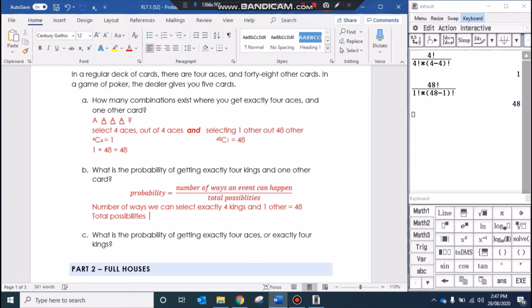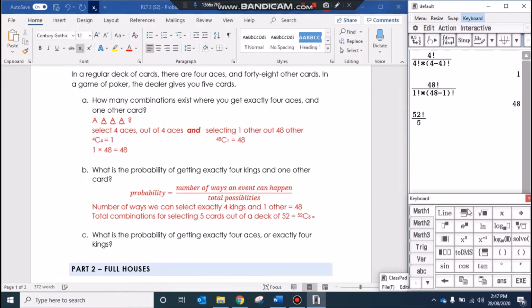So the total possibilities, or total combinations, for selecting 5 cards out of a deck of 52. So if we're selecting 5 items out of a total of 52 objects, that's going to be 52C5.